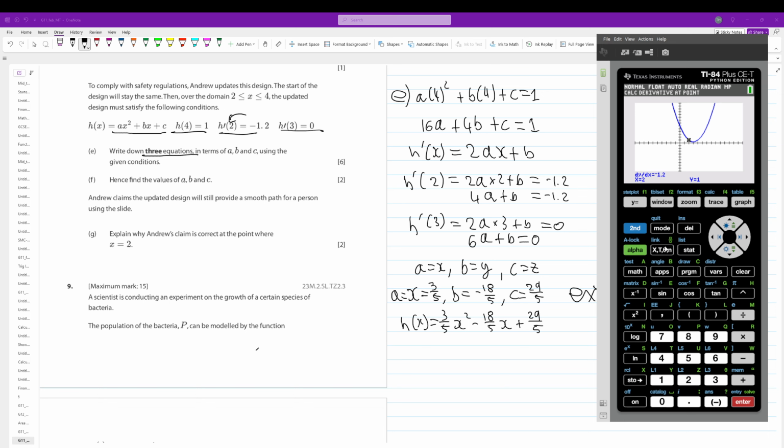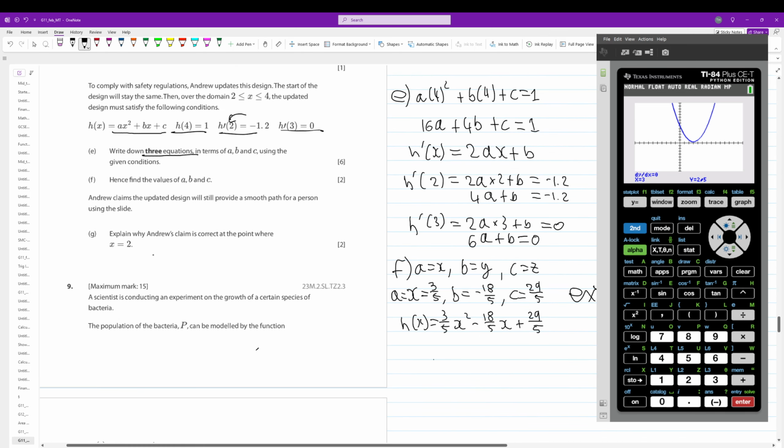Good. And what is the gradient, dy by dx, when x is 3? Perfect. Everything's as it should be. I'm confident that I'm correct, even though the numbers I've got are super, super weird. Done. Oh, that's part F as well. Whoops.